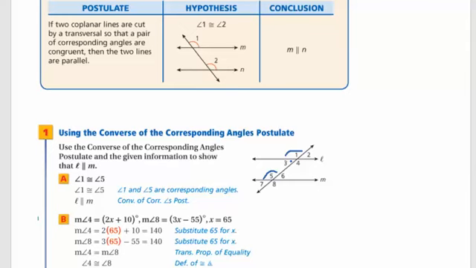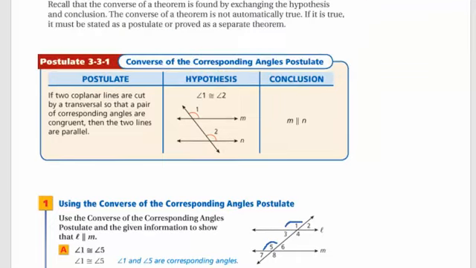So because they're corresponding angles and they're congruent, we can use this postulate that we just learned, which says that if you have congruent corresponding angles, then you know that line M is parallel to line N.